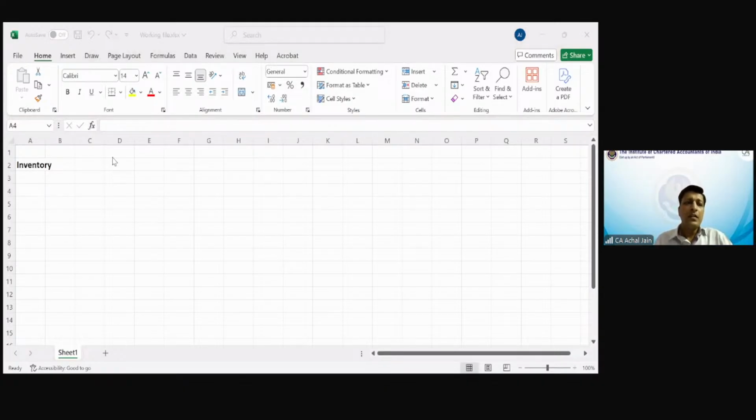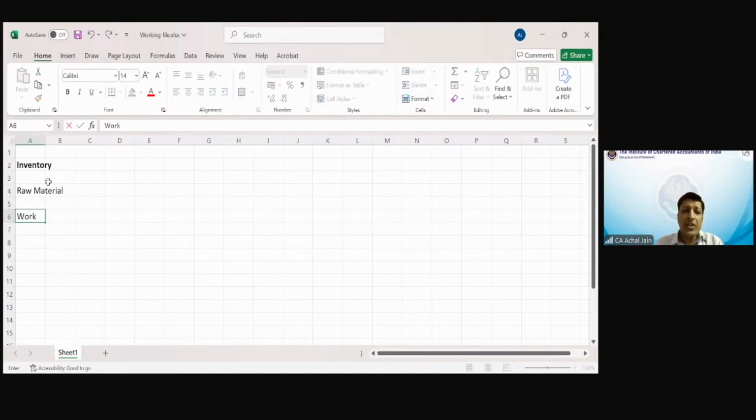Correct? Okay, so as this raw material goes into the process of manufacturing and the manufacturing is incomplete, that is what you call work in progress. And once the manufacturing gets completed, that is when you get the finished goods. Plus the company may also have some traded goods, wherein manufacturing is not involved.